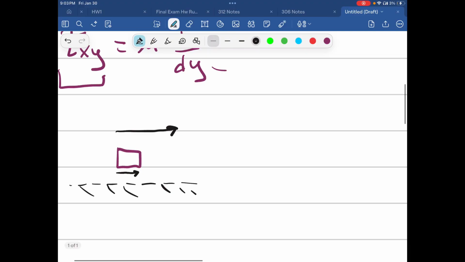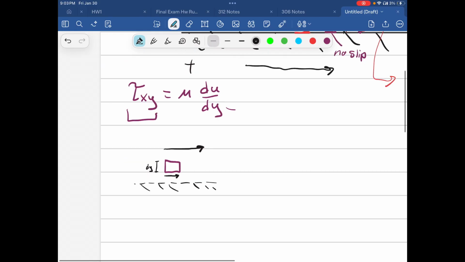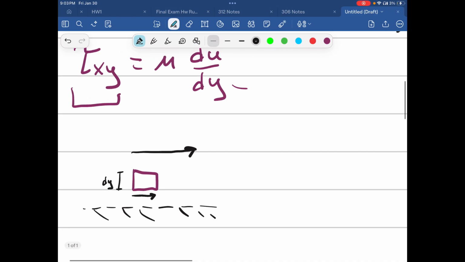And so you'll see that we can say that this height here, this is our infinitesimally small height, our dy, right? Small height. And then our du, which is going to be the difference in the velocity from the bottom and the top. So this is du.